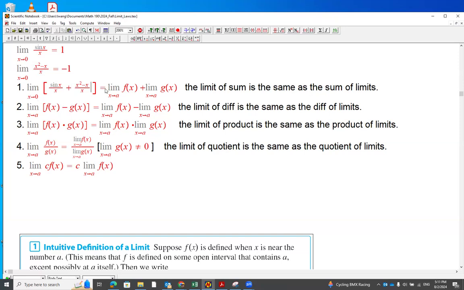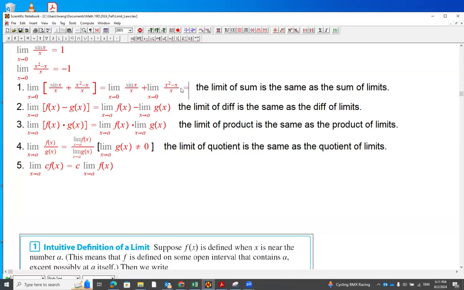The limit of a sum is the sum of limits. So we can just plug in, as x approaches 0, sine x divided by x. It's just a direct application of the limit law.